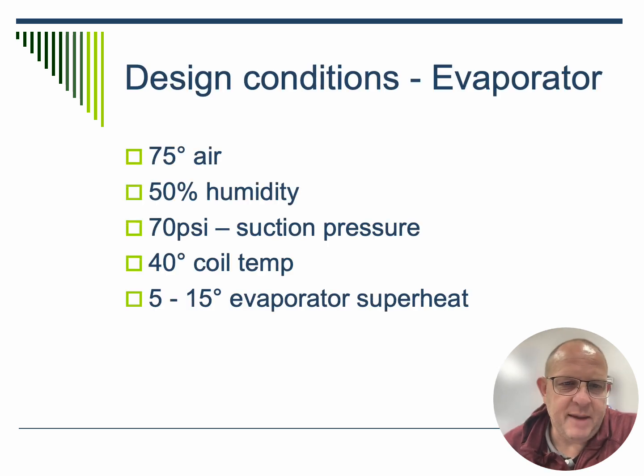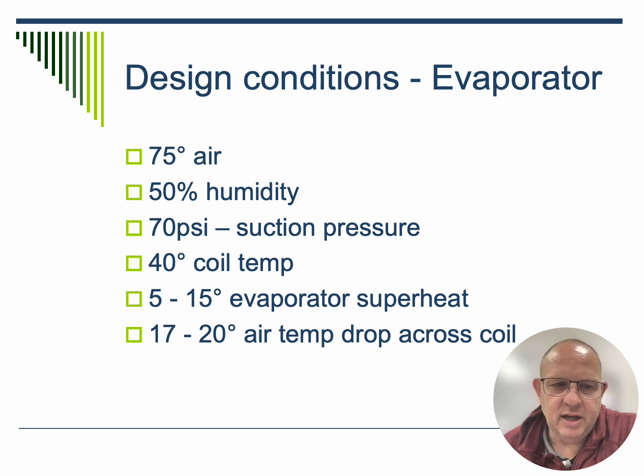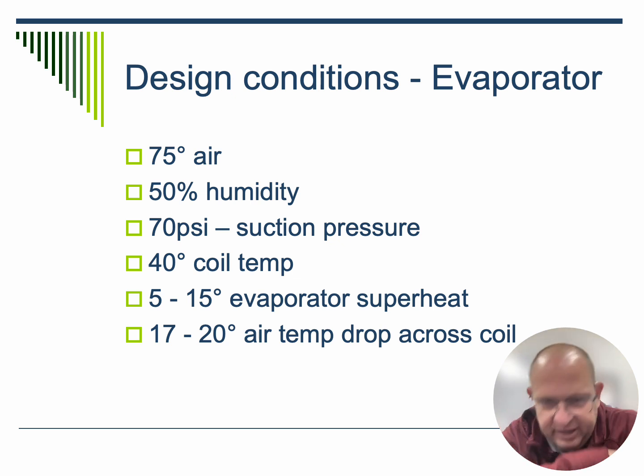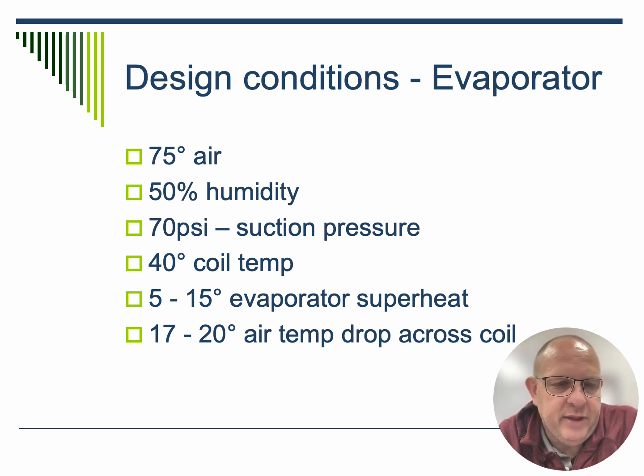When we're dealing with the evaporator and the designed conditions of the evaporator, indoor temperature, we figured it at 75 degrees. We want it to be around 50% relative humidity when we're checking our units over. If it's higher, then it's higher, and we can't do really much about that. For an R22 system, we're dealing somewhere around 70 psi, our evaporator coil temp running at 40 degrees, and we're going to get about 5 to 15 degrees superheat.